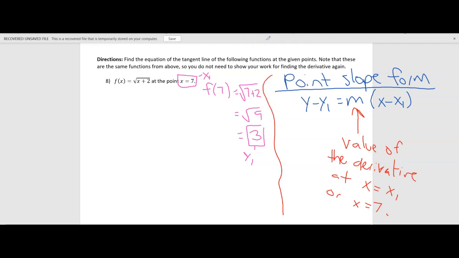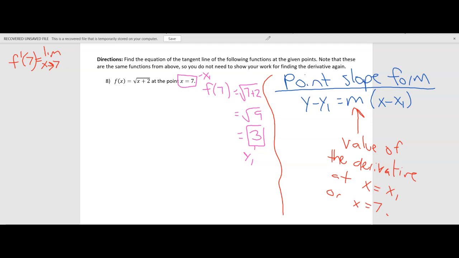Because I'm finding the value of the derivative at a specific point, I'm going to use the alternate definition of a derivative. So f prime of 7 is going to be equal to the limit as x approaches, instead of h, I'm going to put 7. Okay, because I have a specific value that x is approaching.